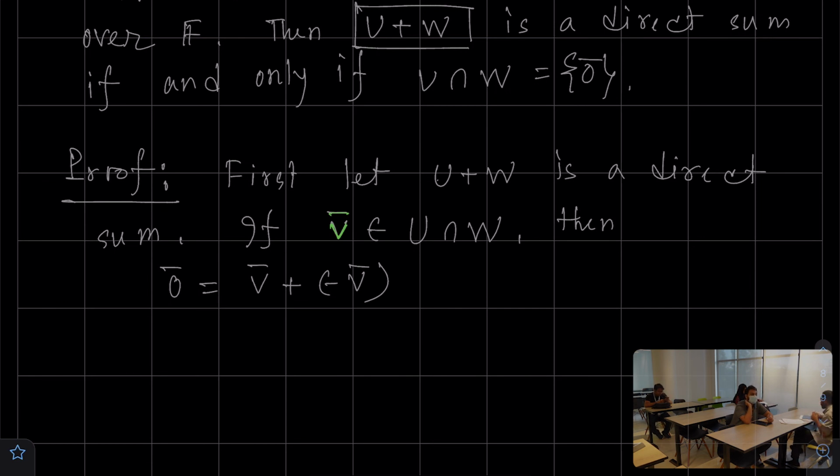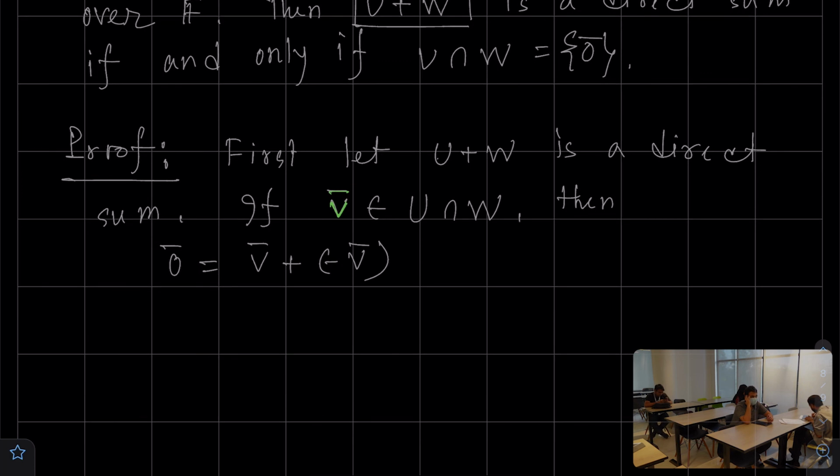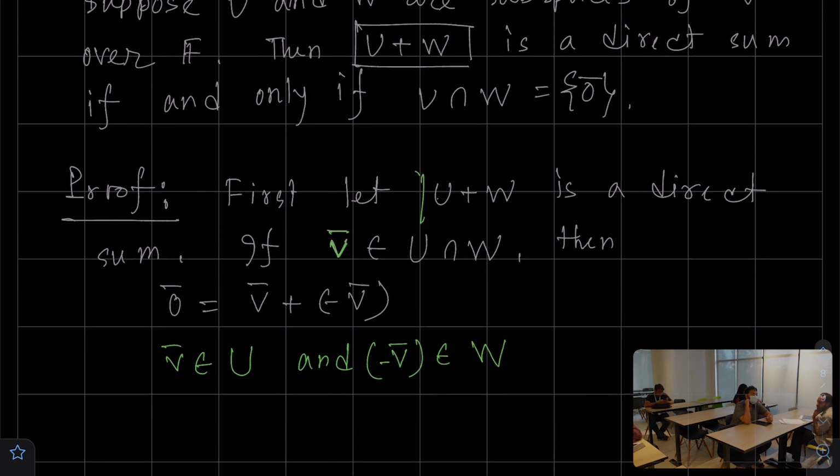So from the definition of the direct sum, we see that v belongs to the set U and minus v belongs to W. Because this is the definition of the direct sum, right? So I consider this is a direct sum.